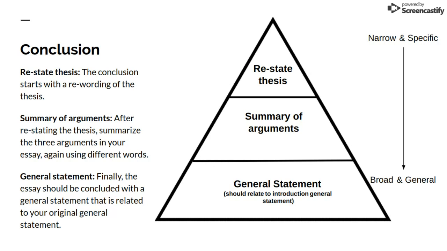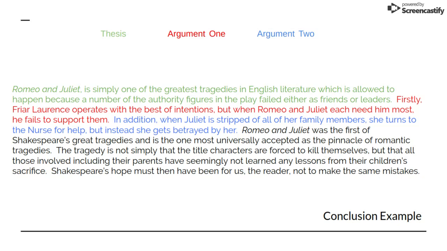If you asked a question or made a quote, try and connect them. There should be no new information in your conclusion. You're really just restating what you said. It's a summary of everything that was in your essay. So in this case, we've got thesis, argument 1, argument 2, and the third argument, and then your conclusion. Okay.